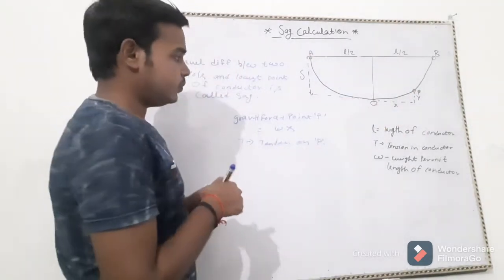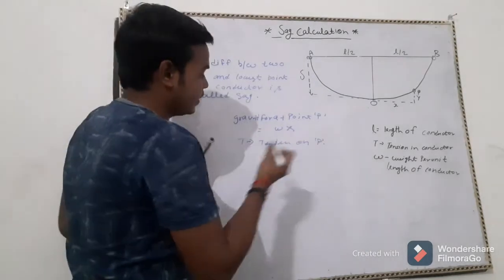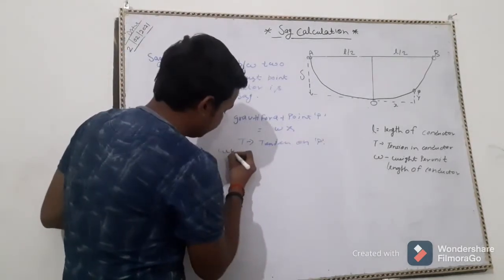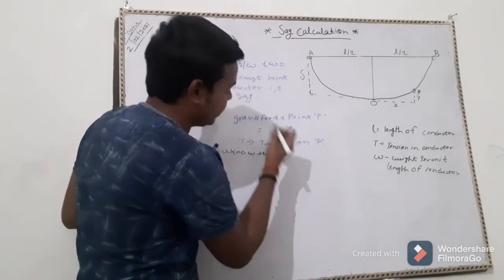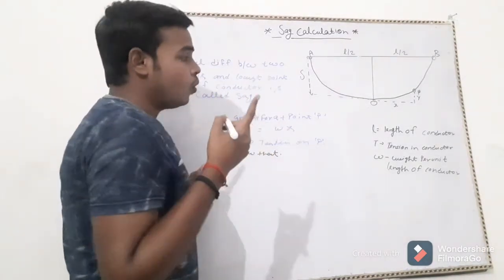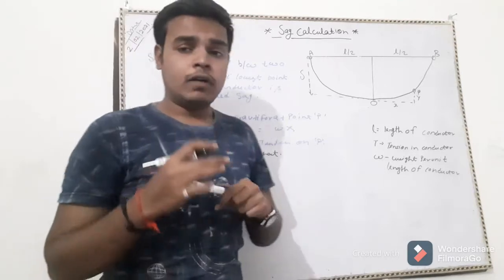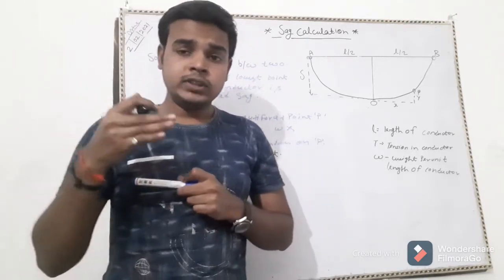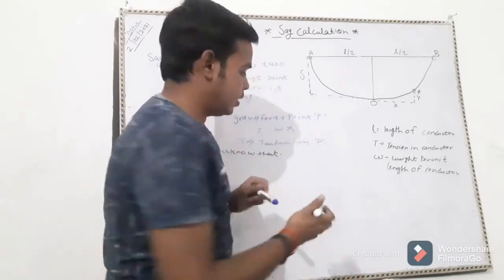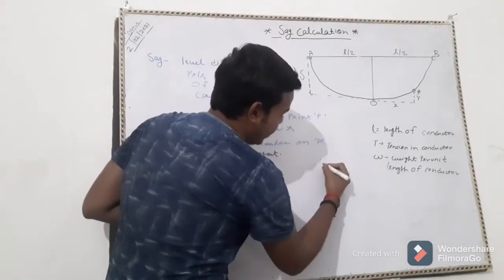Now what is moment? We know the formula of moment. Moment is equal to F into D, means force into displacement.